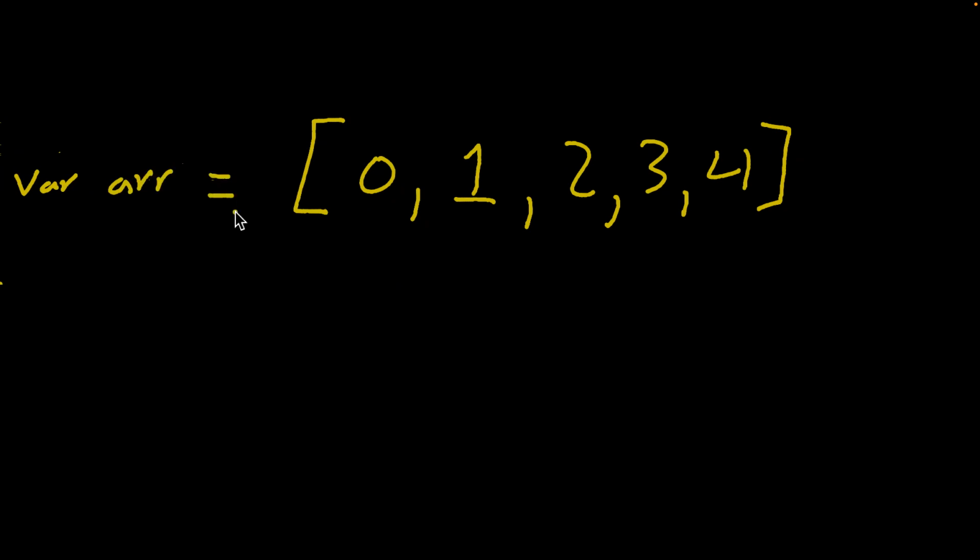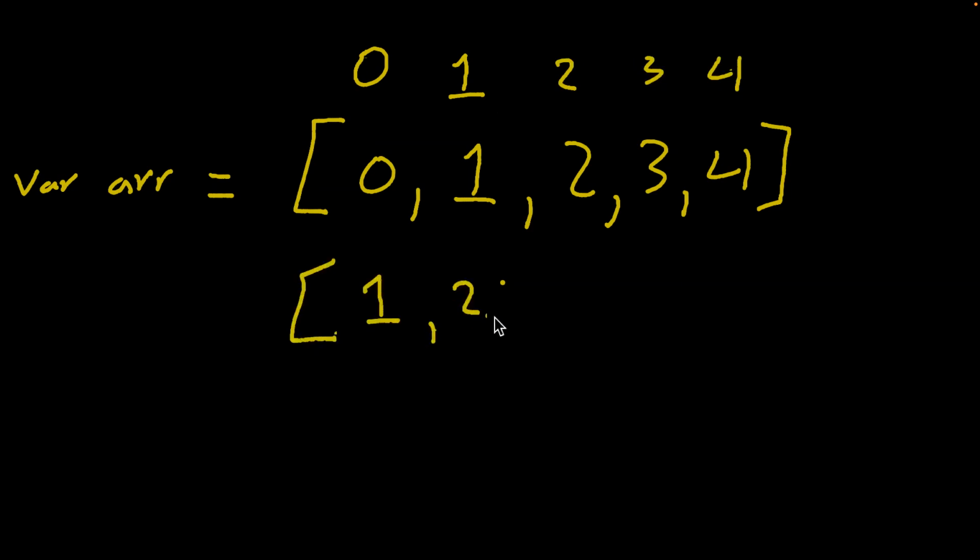When we count the indices of an array, we count from 0. So this 0 is at index 0. This 1 is at index 1, 2, 3, 4, and so on. If our array looked like this, 1, 2, 3, 4, this is still index 0, this is still index 1, this is still index 2, and this is still index 3.